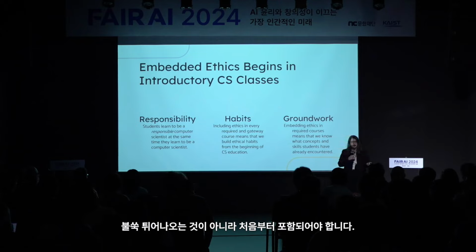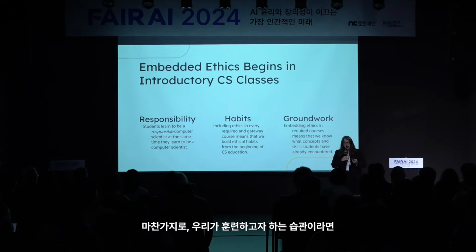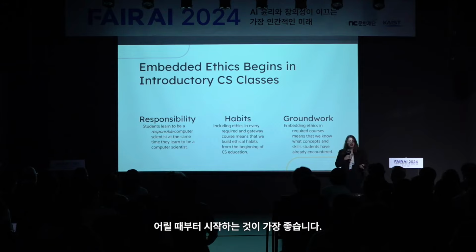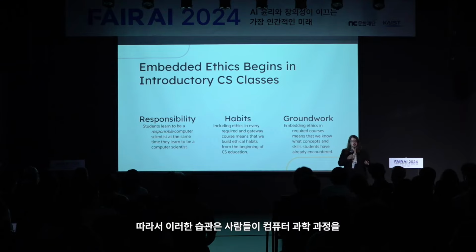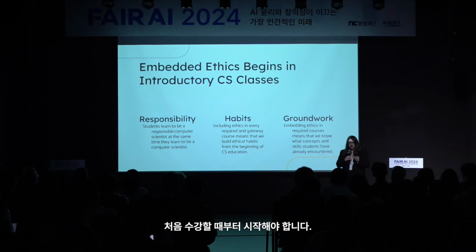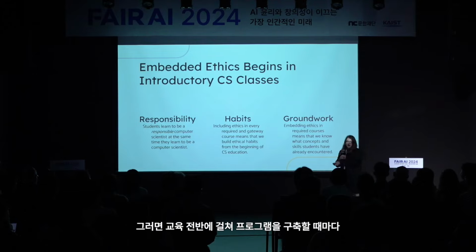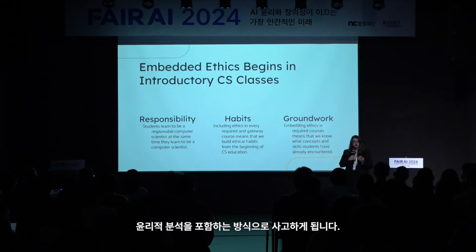It has to be there from the beginning. Likewise, if these are habits that we're hoping to train, the best habits start young. So these habits should start from the first time that people are taking computer science courses, so that every time they're building a program throughout their education, they are thinking in this way that includes ethical analysis.